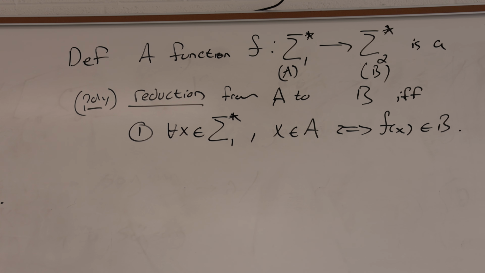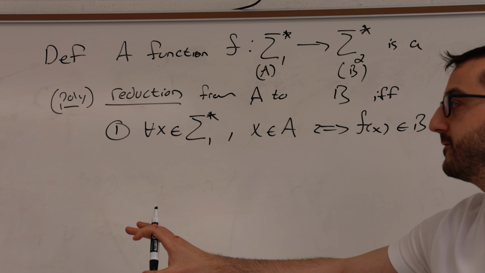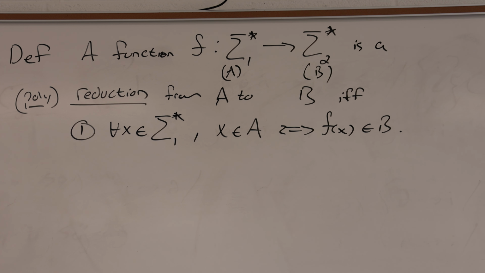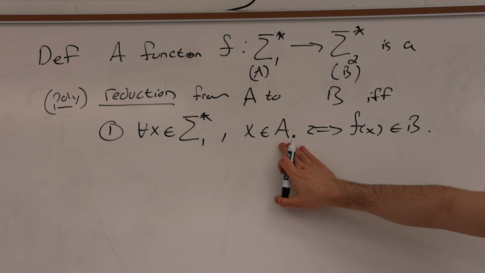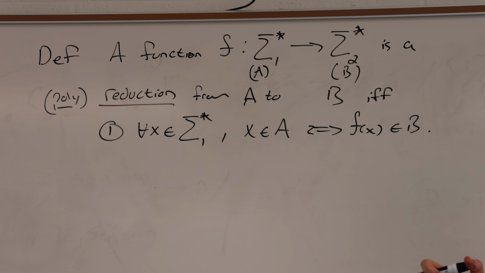So what does this mean? I'm using our semi-formal definition of a decision problem. So remember, something being in a set, a language, is a yes answer to that decision problem. So how do you think about this?